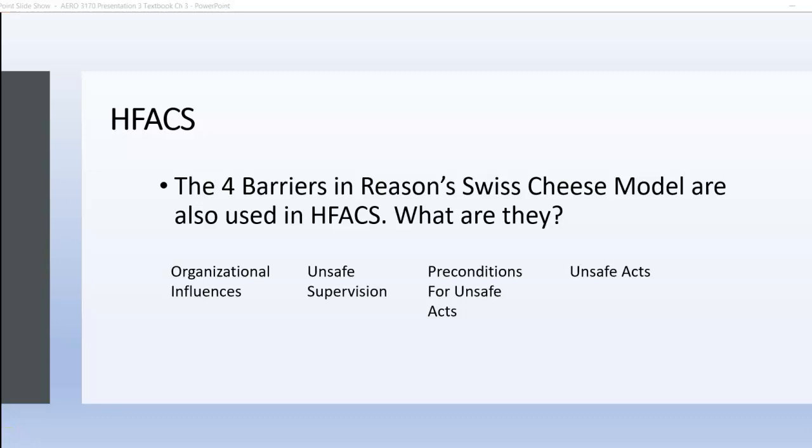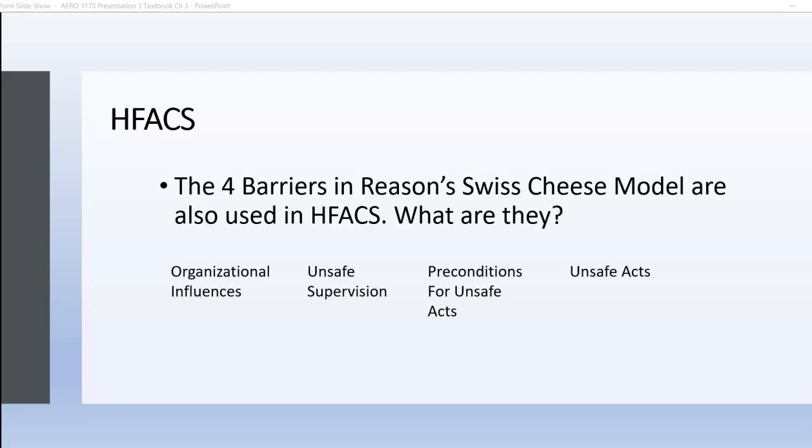Organizational influences include resource management, organizational climate, and organizational processes. Unsafe supervision includes inadequate supervision, planned inappropriate operations, failure to correct a problem, and supervisory violations.